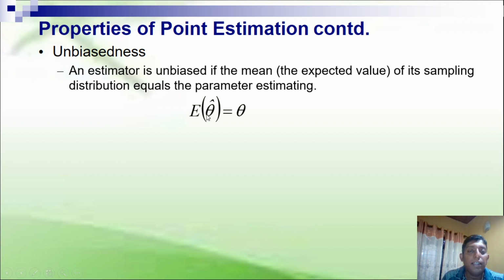Theta hat is an unbiased estimator if the expected value of this estimator is equal to the parameter estimated. That means the expected value of theta hat should be equal to the population parameter theta. If this is satisfied, then we can say this estimator theta hat is an unbiased estimator.